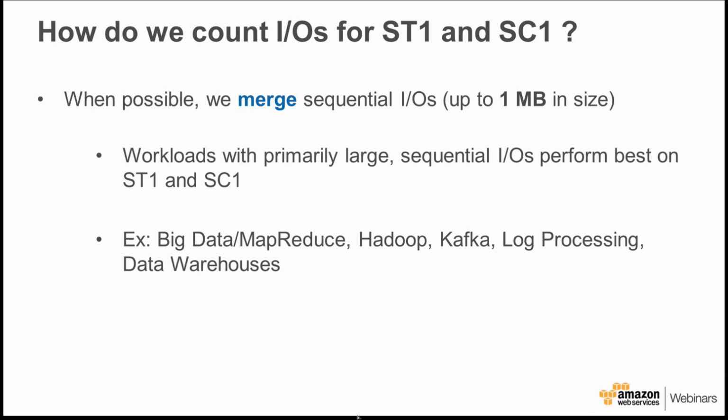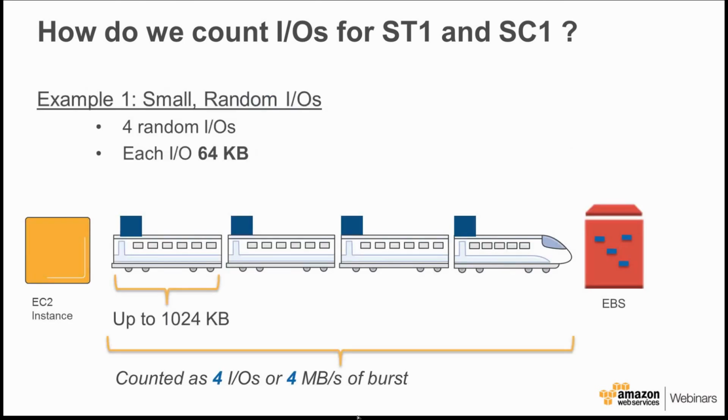So again, let's explain this through a few examples. Let's start with the same example. Say you have an EC2 instance with your application sending small random I/Os to disk. Say we're sending 4 random I/Os, each 64 kilobytes in size, to your ST1 volume. In this case, the maximum size that we can fit into a single car is 1,024 kilobytes.